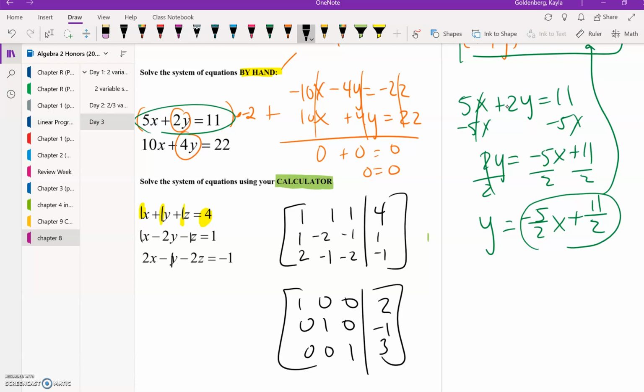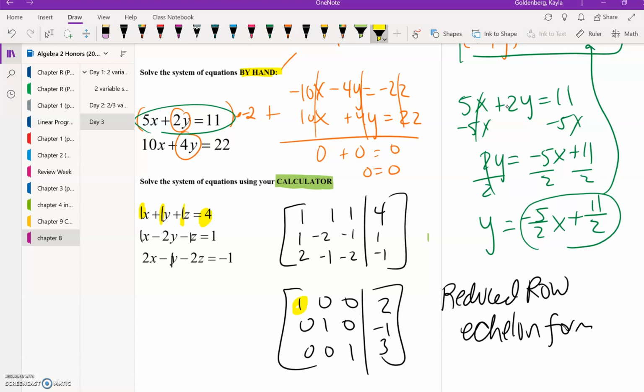And so what that is, when we say reduced row echelon form, it's just the look of having the ones, right? And that's giving you your x, your y, and your z. So we know x equals 2, y equals -1, z equals 3.